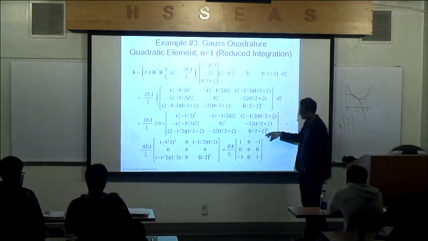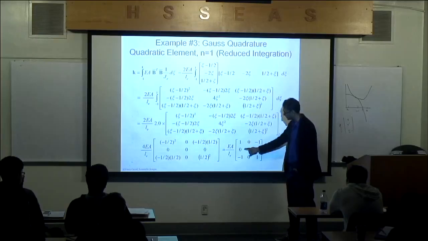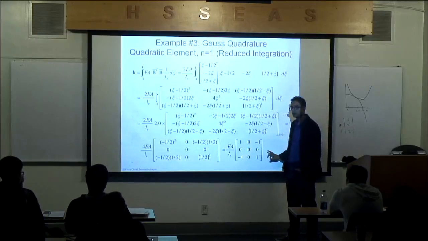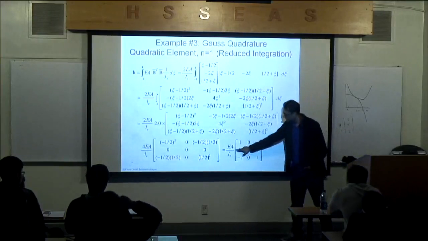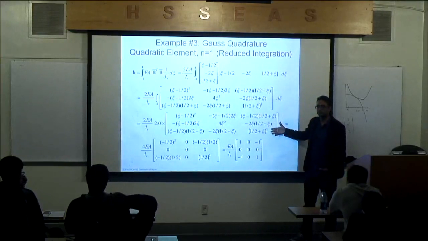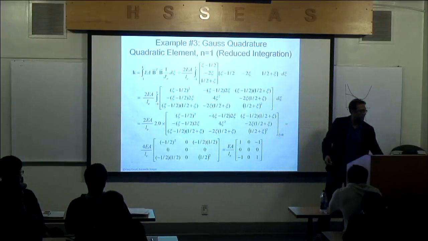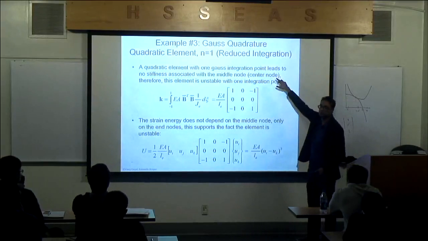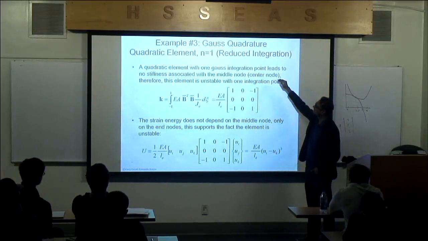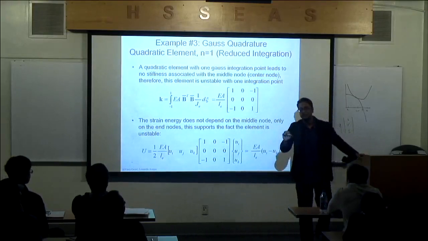If you do this multiplication, you actually get this strange thing where you have 1, 0, minus 1, 0, 0, 0, minus 1, 0, 1. Well, that's not good news because now my middle node is not contributing to anything. So this element is actually unstable. This element is not a good element with n equals 1. So using fewer integration points can also hurt you sometimes, and there will be cases where it's actually helpful.